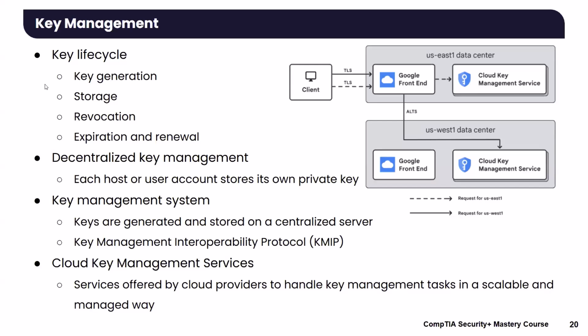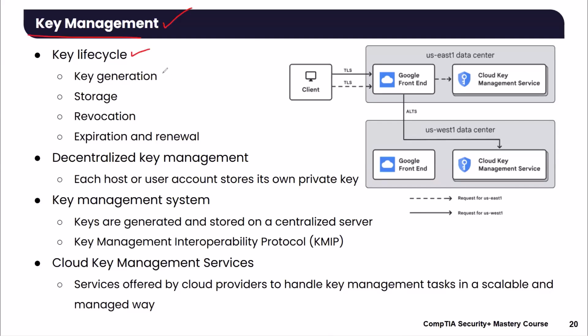So I said last week that, hey, look, having a certification is great, but really we don't care if people know the algorithm that we're using. What we care about is, are we keeping the private key private? And that's what this is. So key management is all about making sure that key is protected. There's the key life cycle where we're generating the key, then we're storing the key.